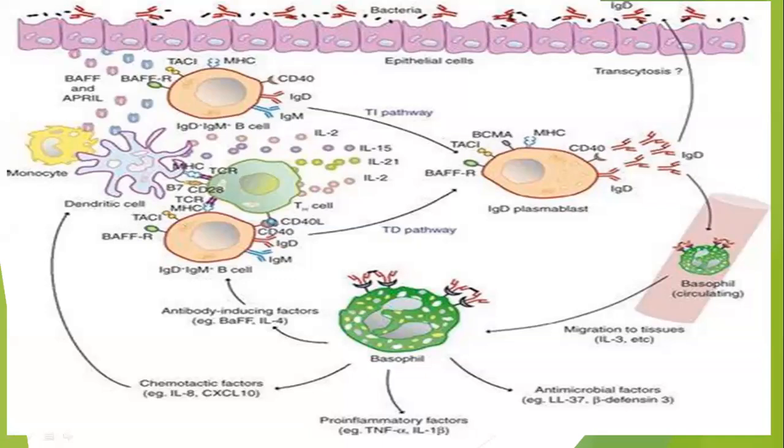What is important between the three activations of the B cell I've mentioned: first of all, we've got the direct antigen B cell activation, then we've got the T cell activation of the B cell, and then we've got the T cell independent activation of the B cell.